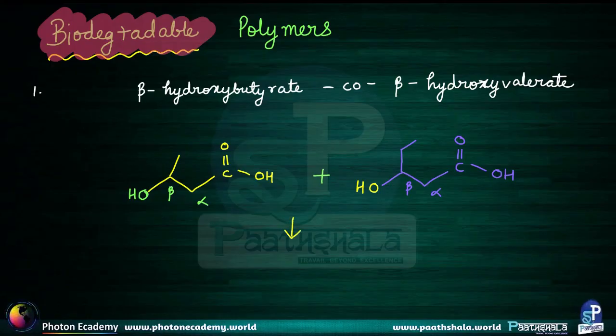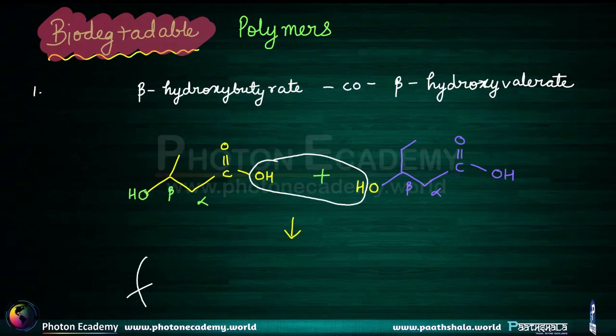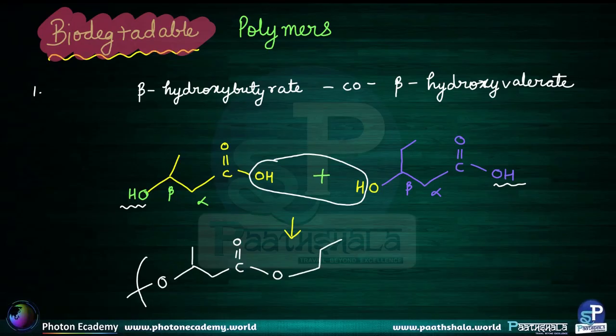This will lose an OH, the other one will lose an H, and this will lead to the formation of our polymer. Now we know H is lost, OH is lost from the other side, and let us now draw the polymer. So it will be O, this chain coming from above, C double bond O, we have O again, C double bond O, and we have this chain extending here.